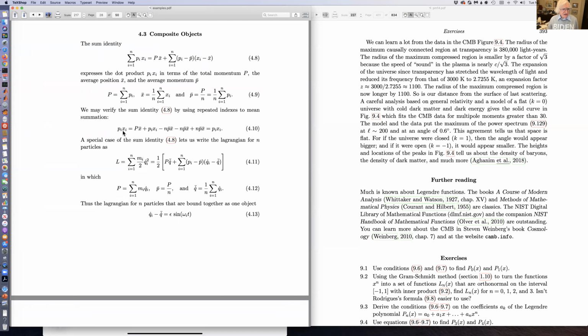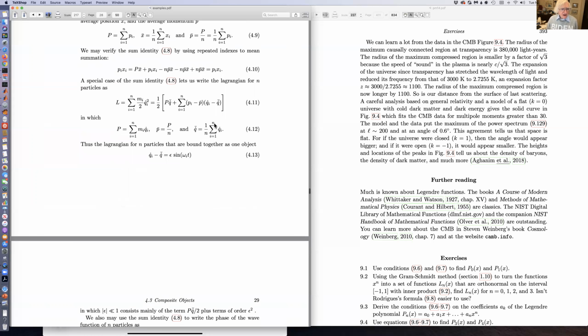And using the repeated indexes to mean summation, one can verify this identity.